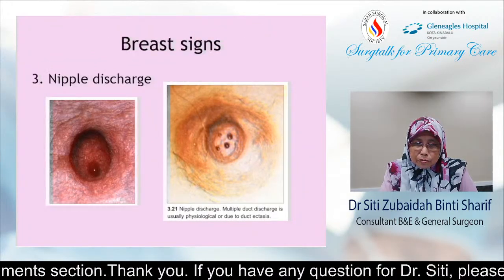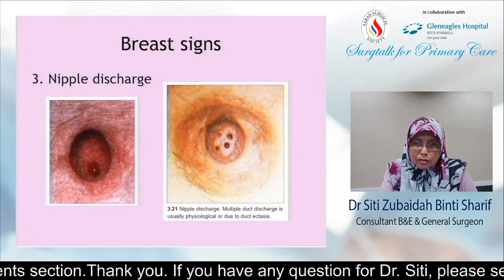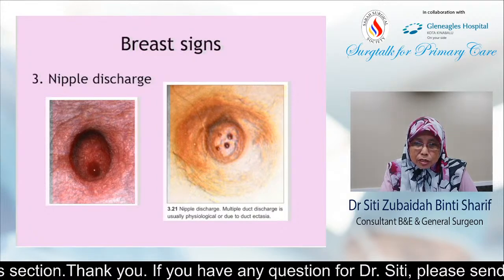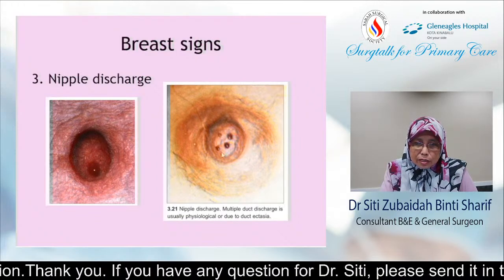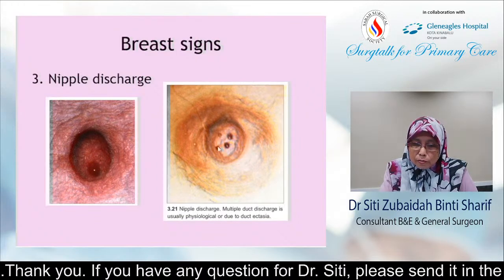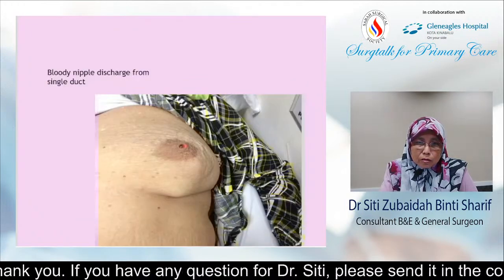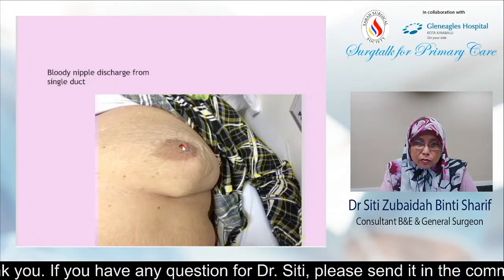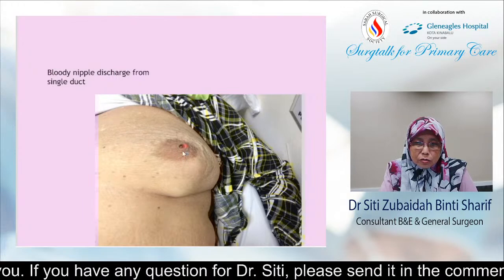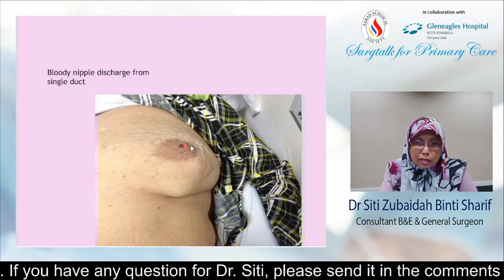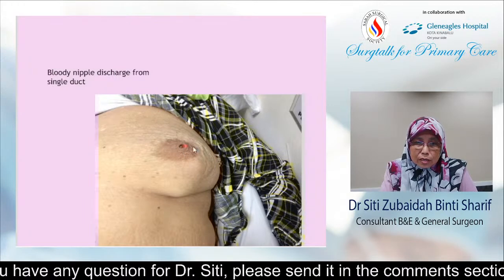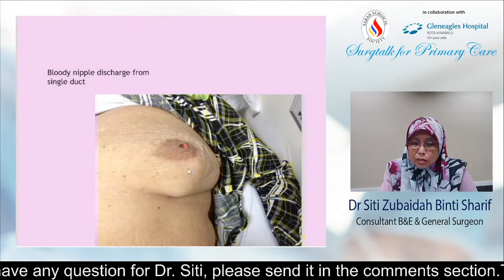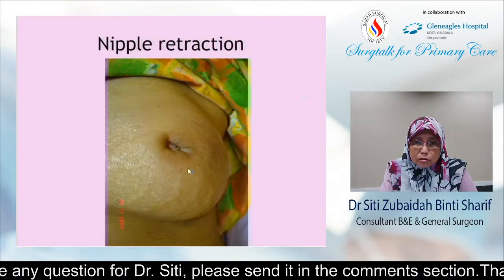As I mentioned just now, other signs are bloody nipple discharge from a single duct, whereas in duct ectasia the nipple discharge is more from multiple ducts. Again, if you find a patient who presents with nipple discharge from a single duct, you must be more careful.